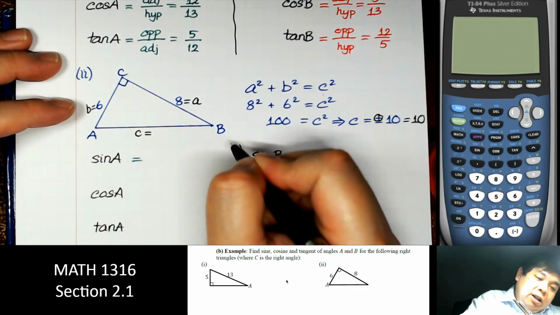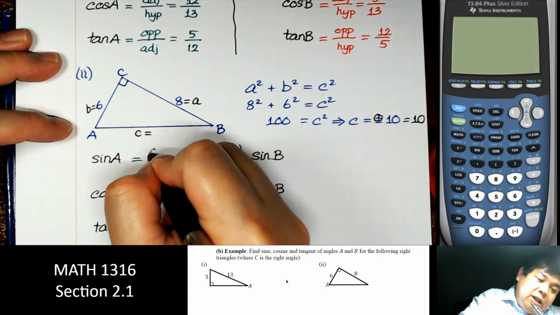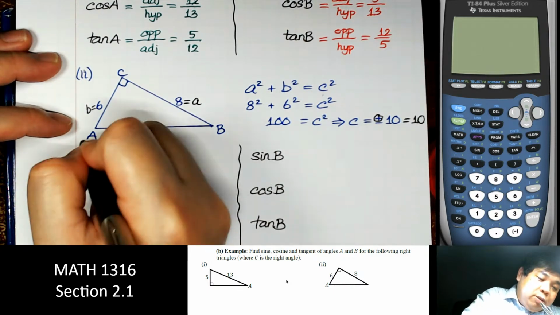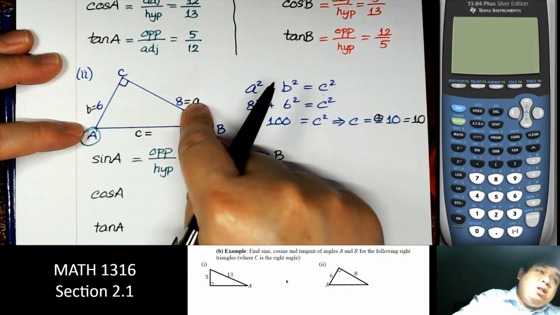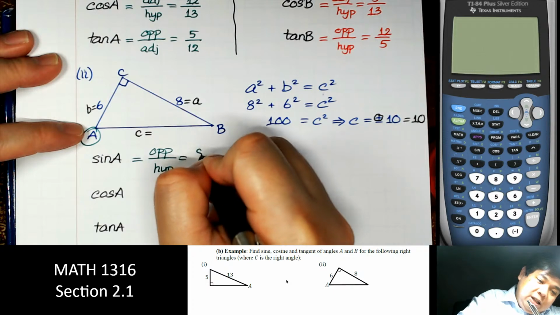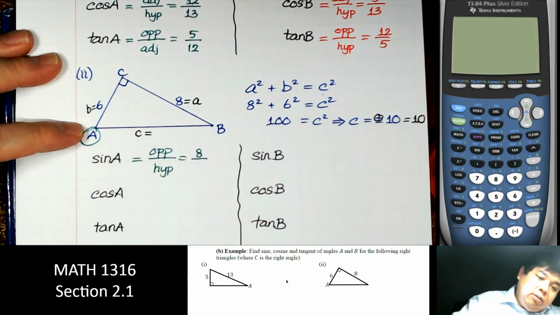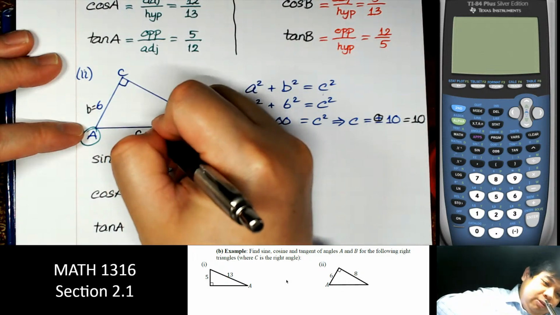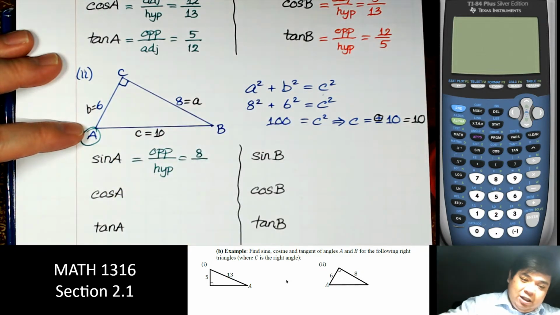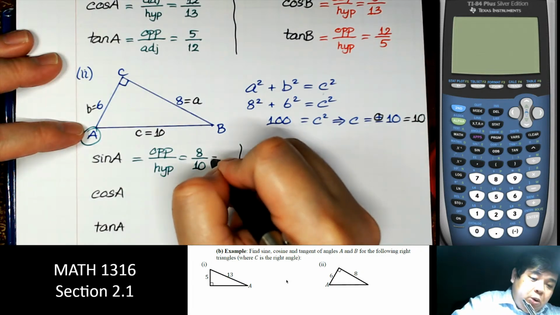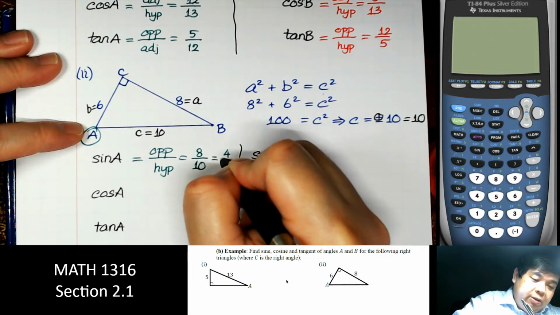Now, sine of A, opposite over hypotenuse. With respect to angle A, opposite is 8. Hypotenuse, we know, is 10. Both of them are even, so reduce to 4 over 5.